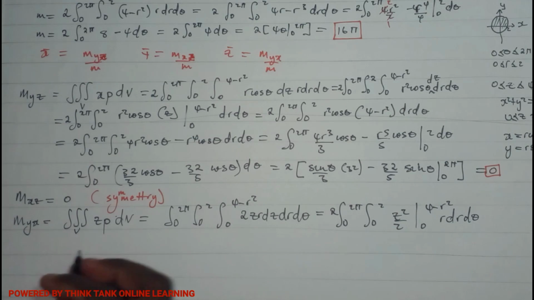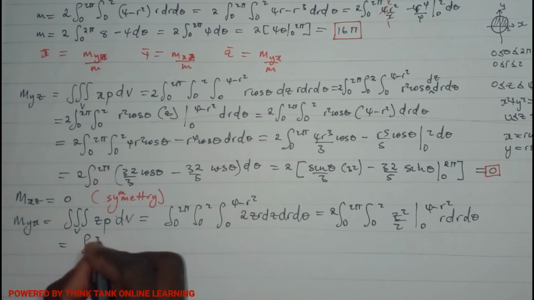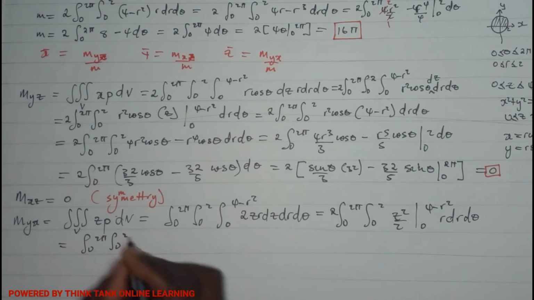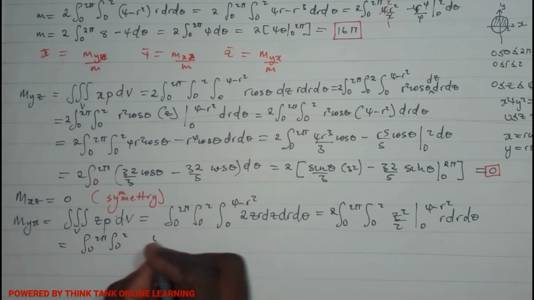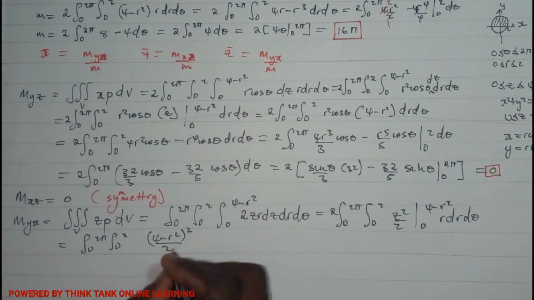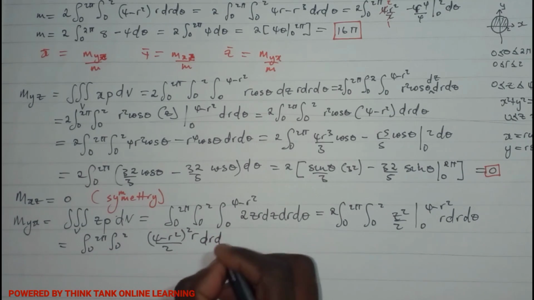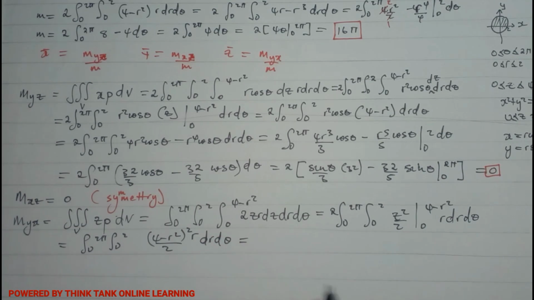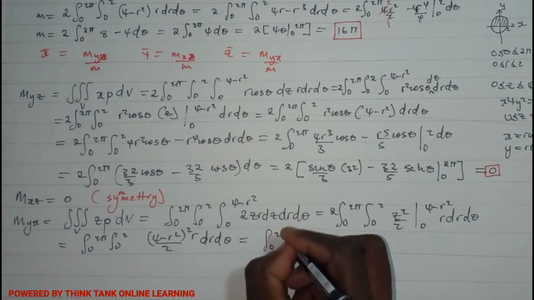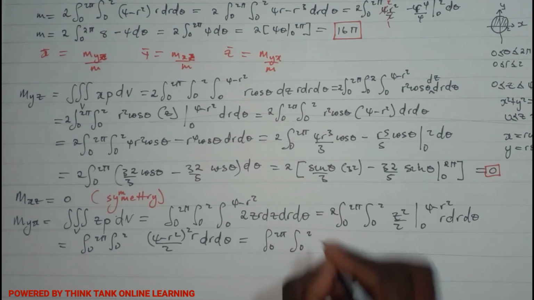Now 0 to 2 pi, 0 to 2, if you plug in our limits, we get (4 minus r squared) to the power 2, divided by 2, times r, dr d theta.